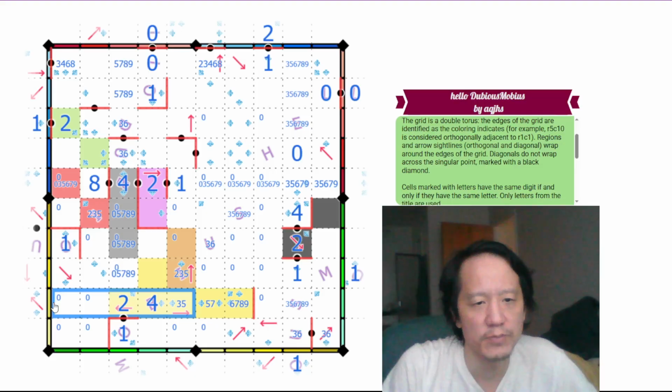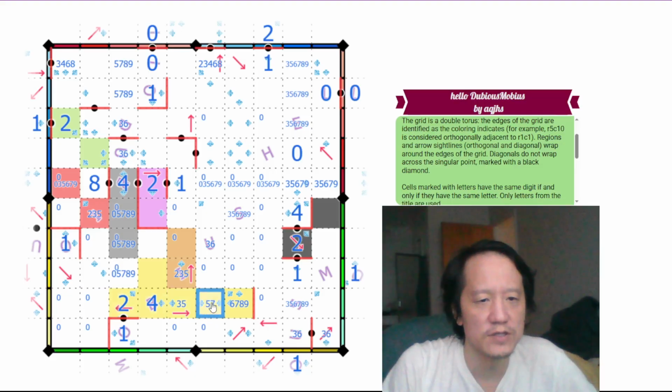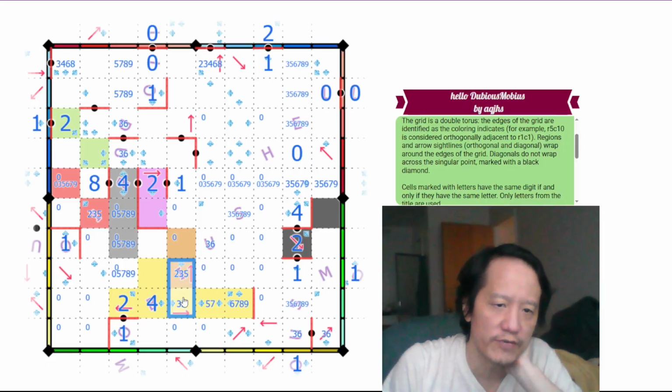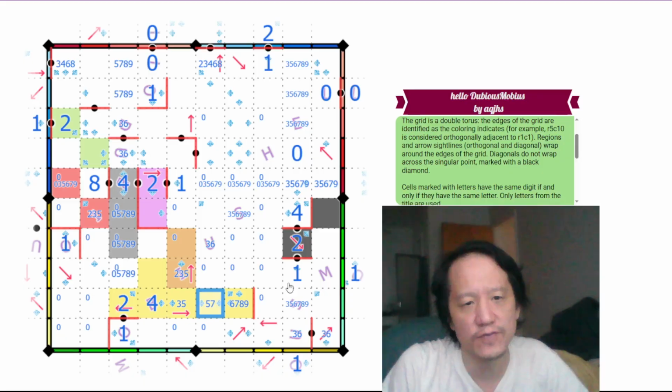Can't be 4. It can't be more than 4 because then this sees 1, 2, and it sees these 3 at least. So that's 5 at least. So this is always going to be 2 more than that. If this was the same region, this would be a 3, 5, 3, 5 pair. So therefore, this would be 7, which would make this 5, that 3.